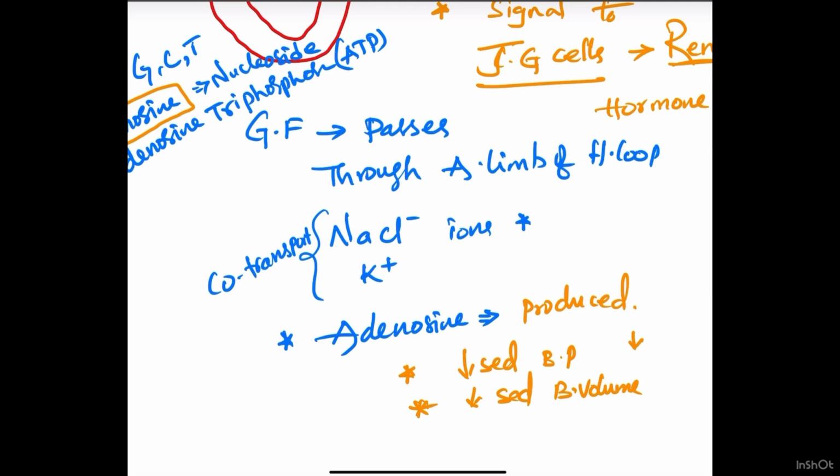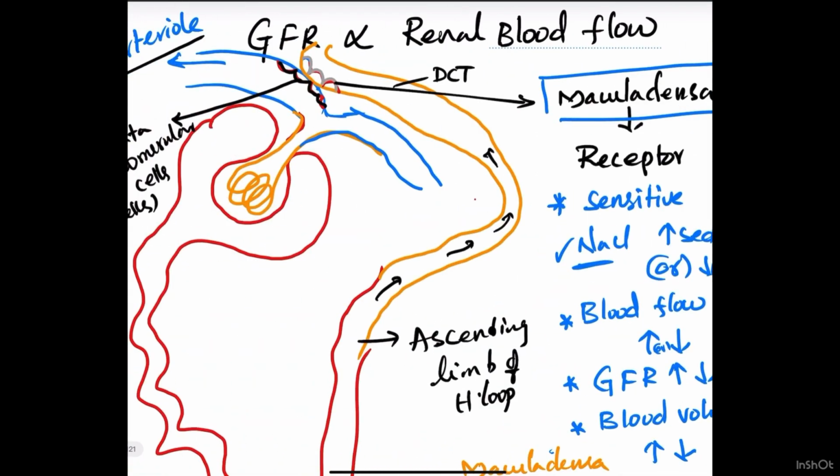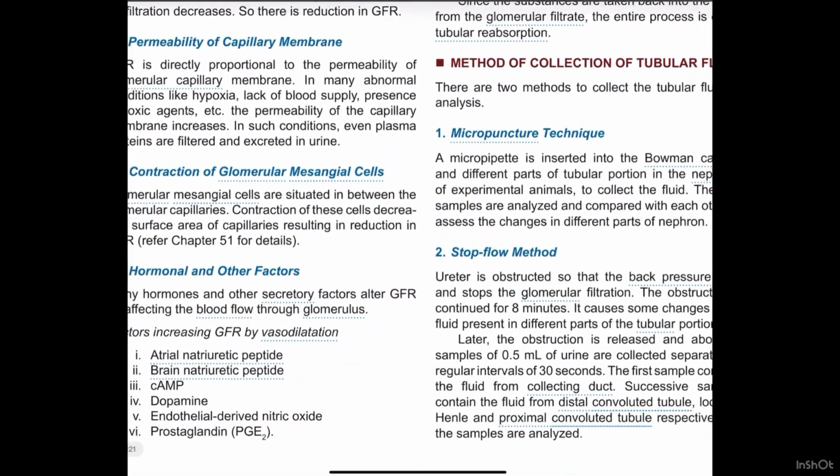Sensitivity will increase, and decreased or increased sodium ions will be recognized because of this adenosine which is produced into the filtrate. Not only this, some factors mentioned in the textbook increase that sensitivity. And opposing this, there are some other things which decrease it. Now let us see what they have mentioned in this.